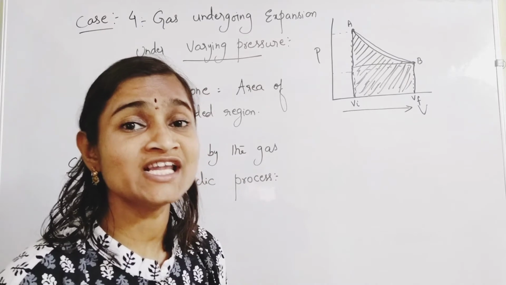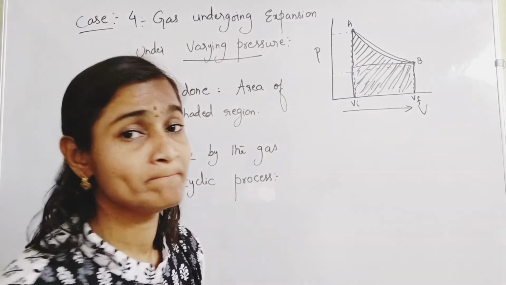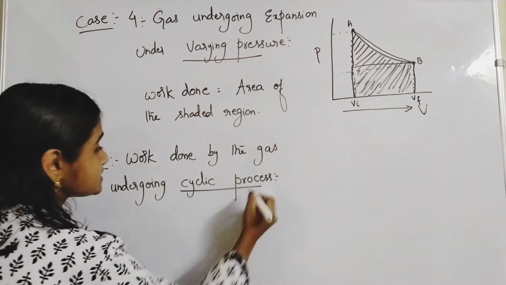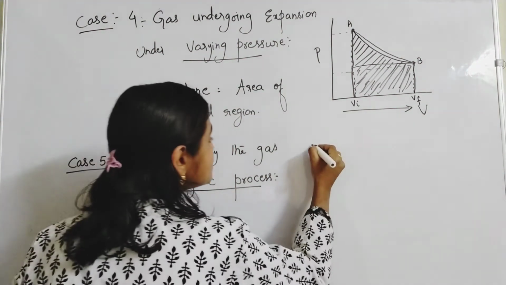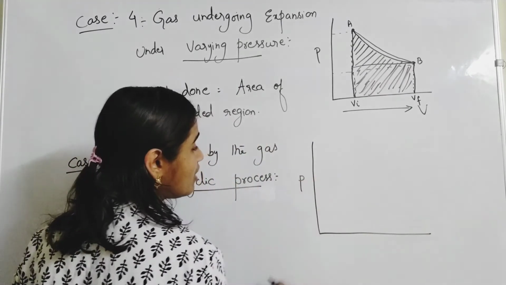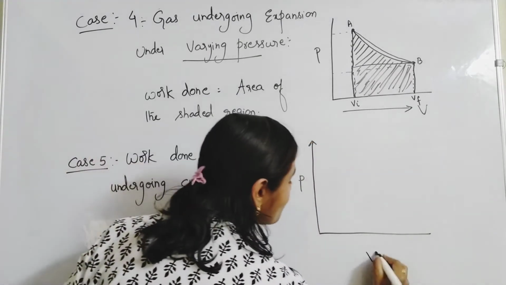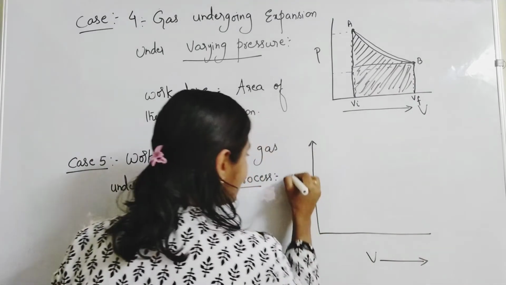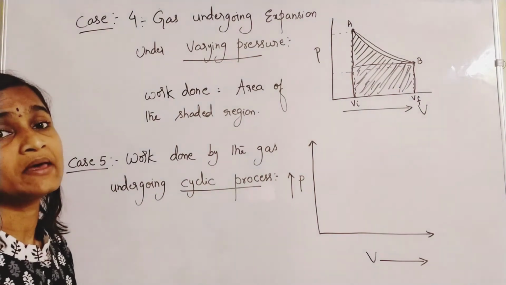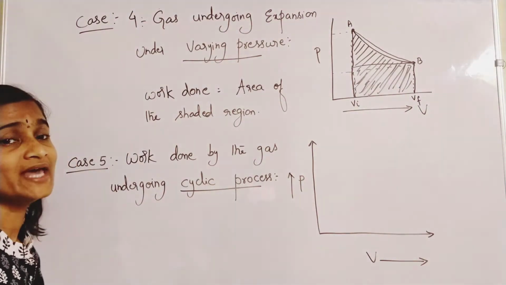That means the initial and final points are the same. You can call that a cyclic process. Here also you will be taking the same type of graph, pressure on the y-axis and volume on the x-axis.